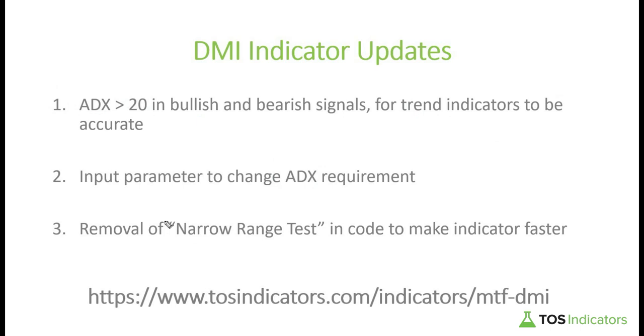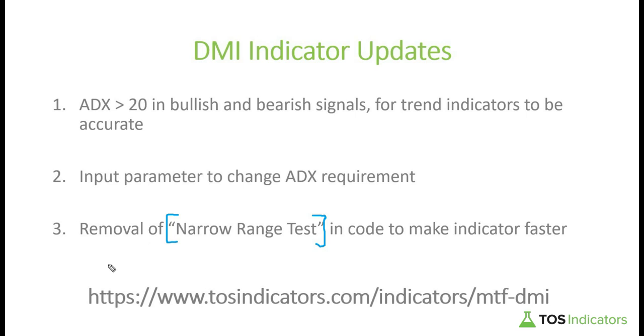And then finally, and I think this was actually a really useful change because a few of you talked to us about the speed of the MTF DMI indicator, and that it was really slow on your machines. In fact, I think one of you even had a 32 gig RAM machine in which the DMI indicator was slowing you down. And Keith, I think you and I were even brainstorming ways to make this code a little bit narrower.